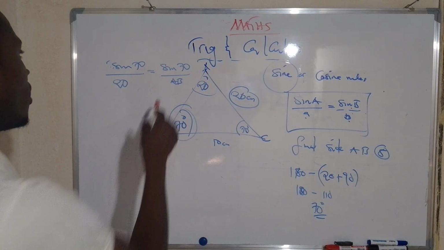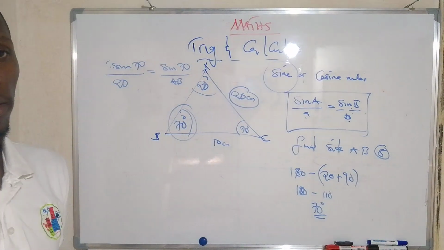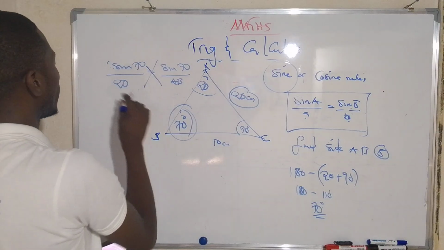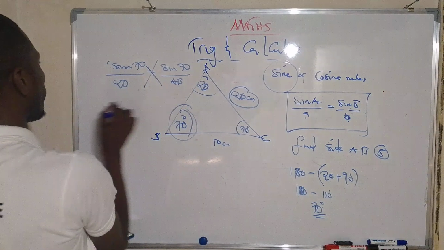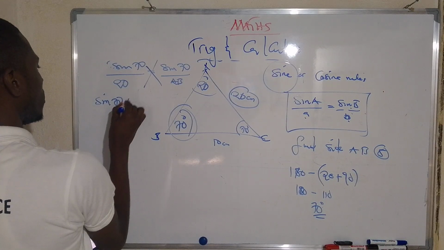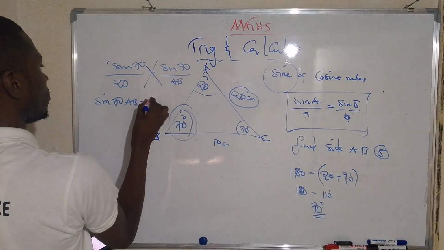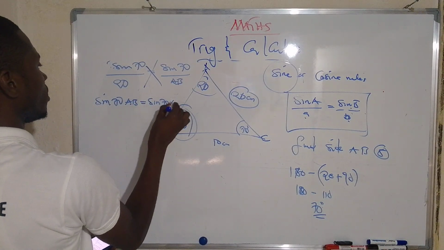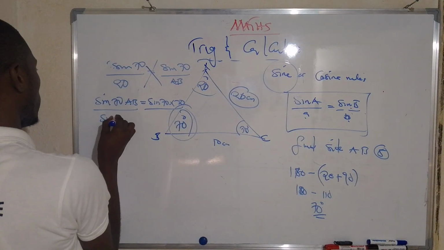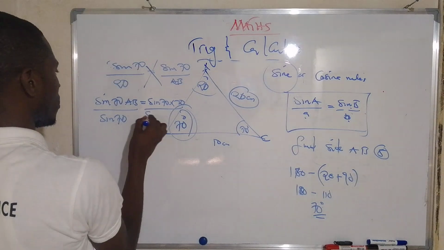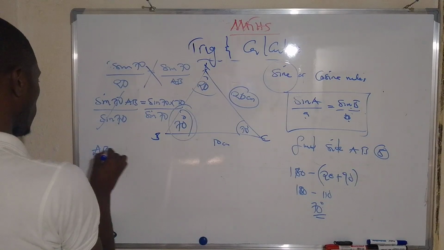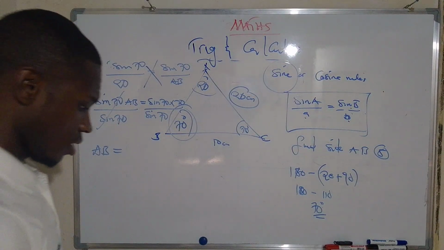Then from there, you know what to do next. Just say sine 70 times AB is equal to sine 70 times 20. You divide by sine 70, cancel. So AB will be equal to what?